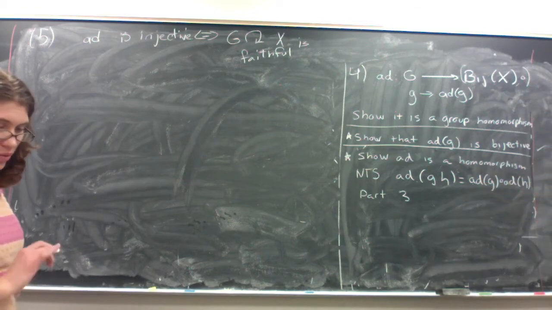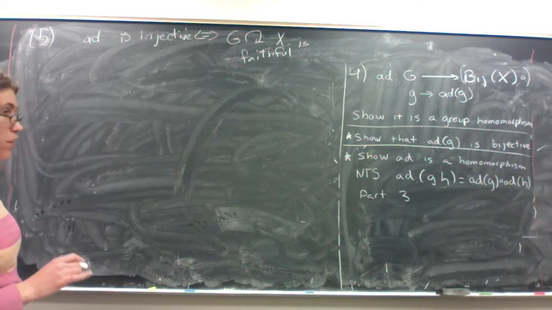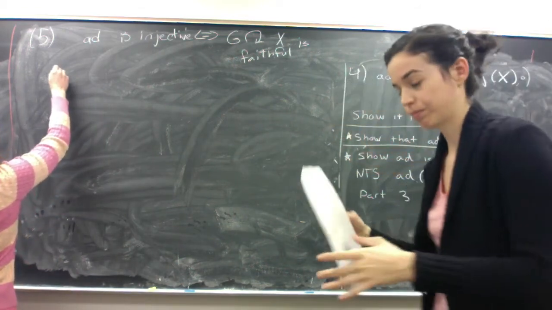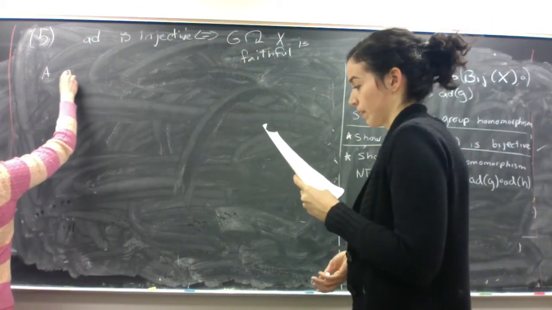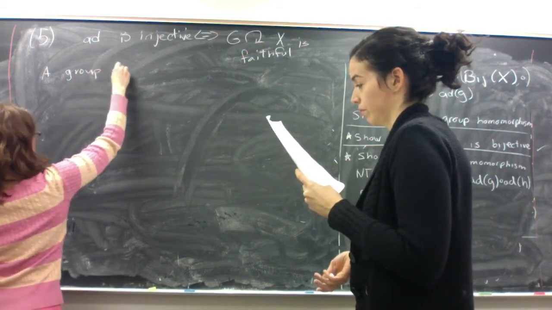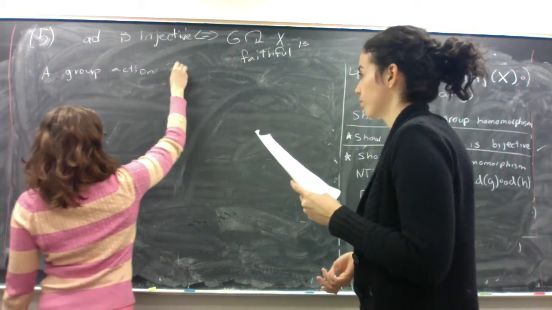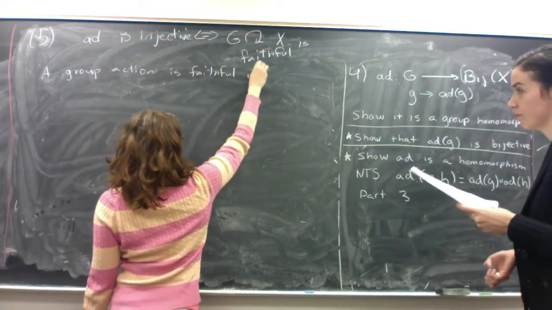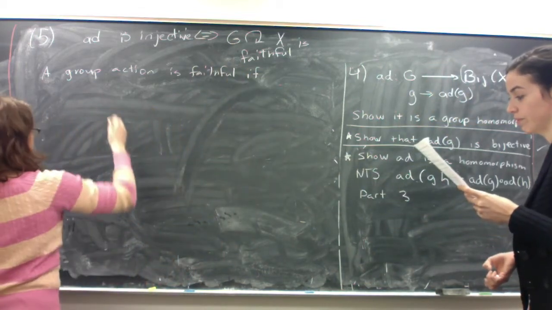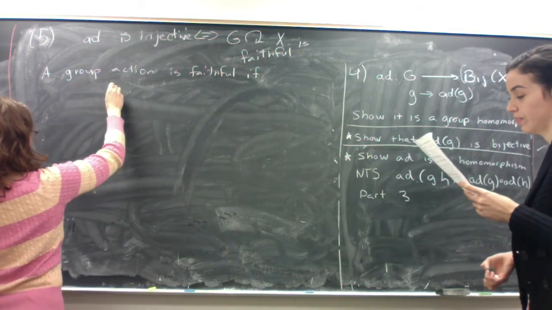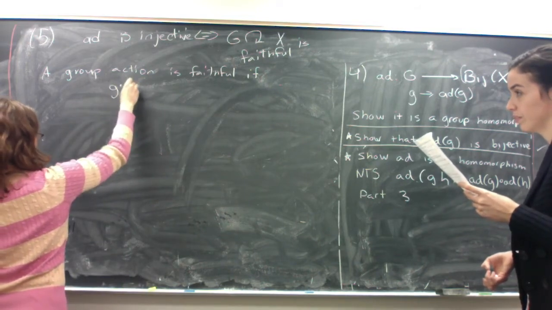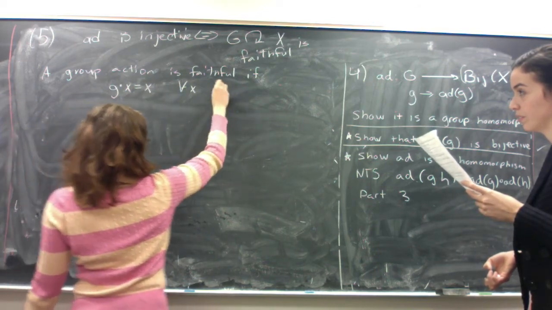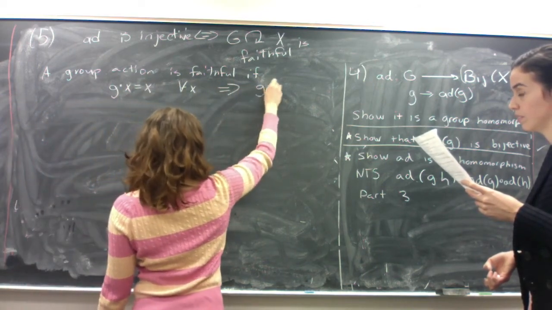Okay, so let's remember what it means to be faithful, maybe. So a group action is faithful if G dot X equals X for all X implies that G must be the identity.